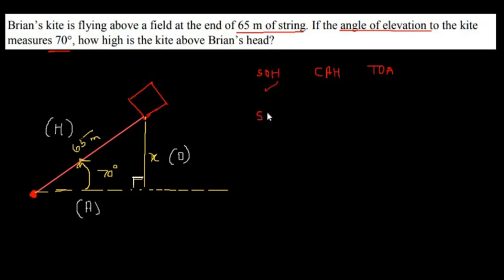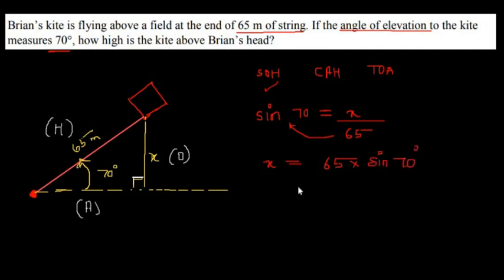We can write sine of the angle of concern, which is 70 degrees, is equal to the opposite x divided by the hypotenuse 65. So x equals 65 multiplied by sine 70.